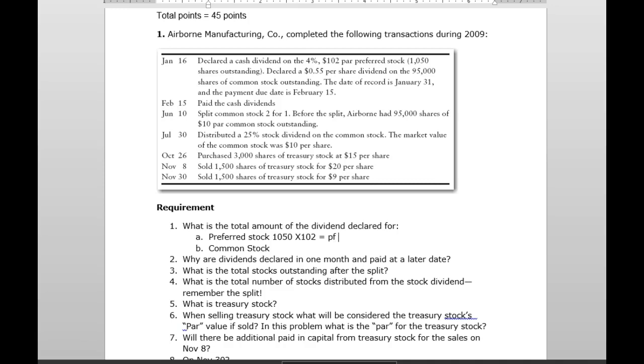Then I'm going to multiply that total times the 4%, and that will give us our dividend for that one. Now, you're going to do the same for common stock, only it's saying they're paying 55 cents a share, so that's 95,000 times 0.55. And that will give you your dividends that have been declared.